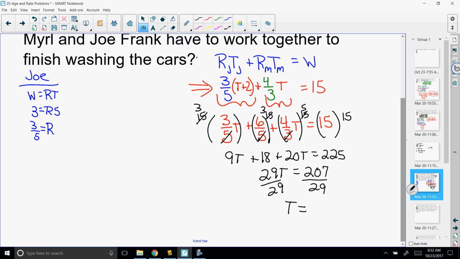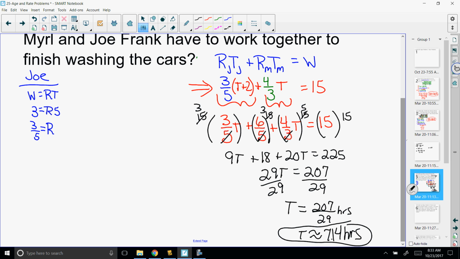You know what they leave their answer in? I was just checking. They leave it like this. 207 over 29 hours. We'll just do approximately 7.14 hours.